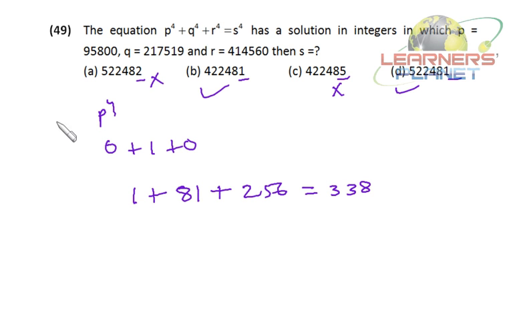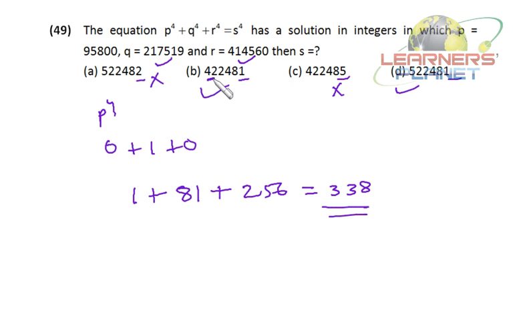What I am getting as the sum is 338. To nullify the effect of approximation, I have approximated Q to the higher side and R to the lower side, but just a small approximation is there. Only I have deducted 14,560.